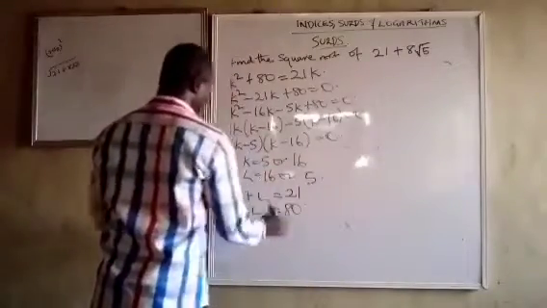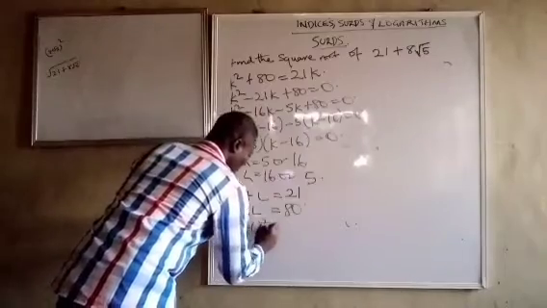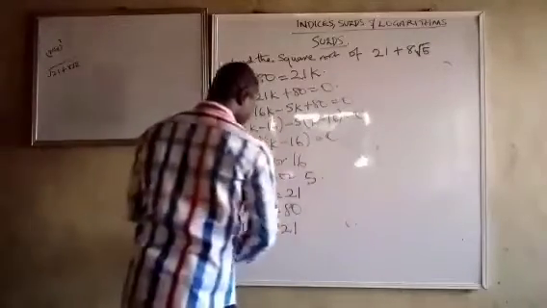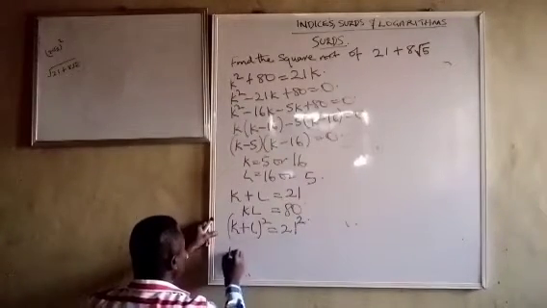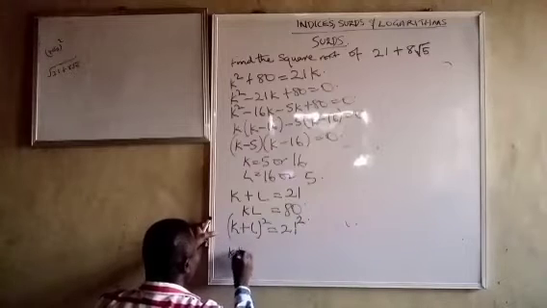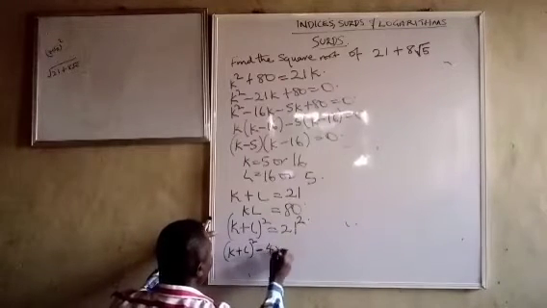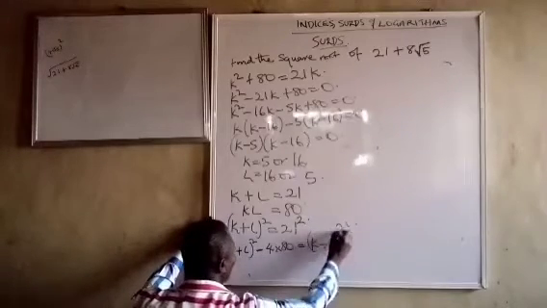You can also say K plus L squared is equal to 21 squared. So K plus L all squared minus 4 times 80 is equal to K minus L all squared.